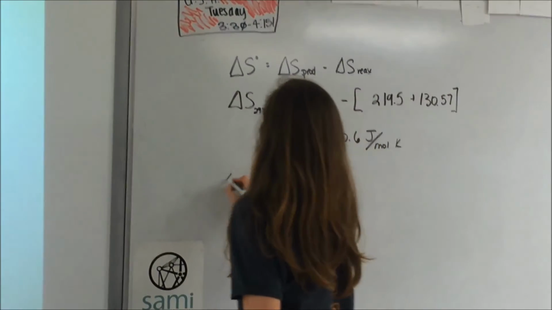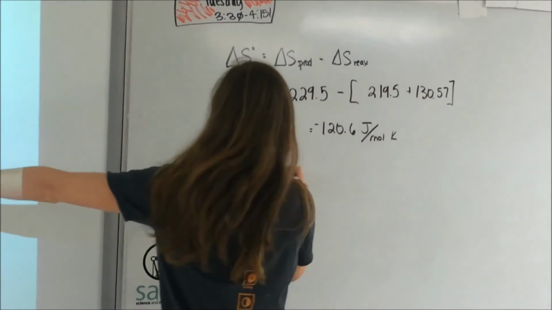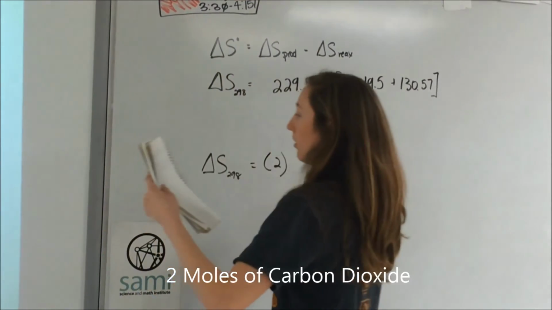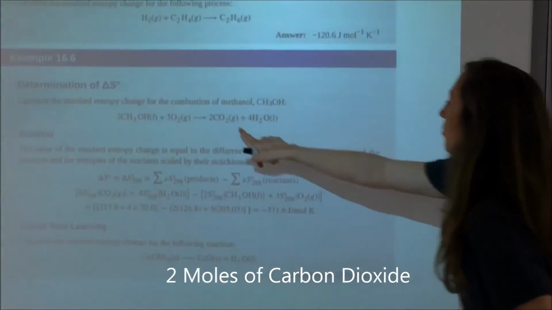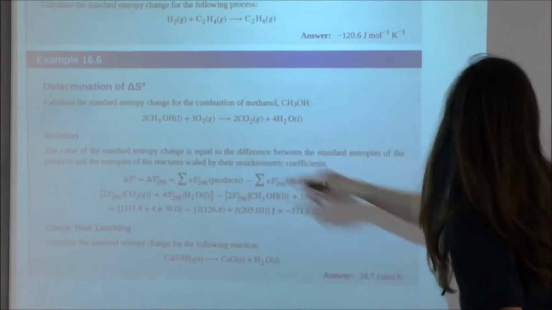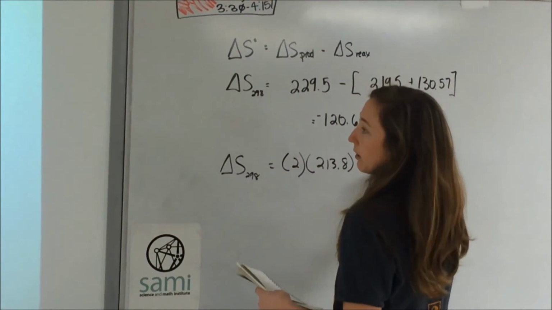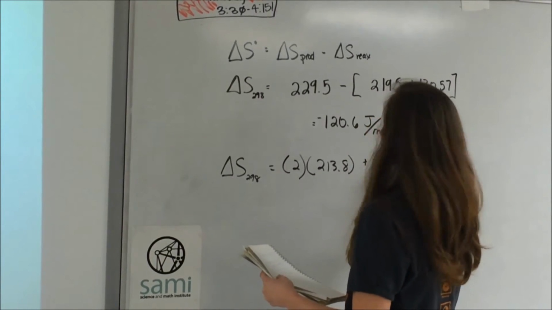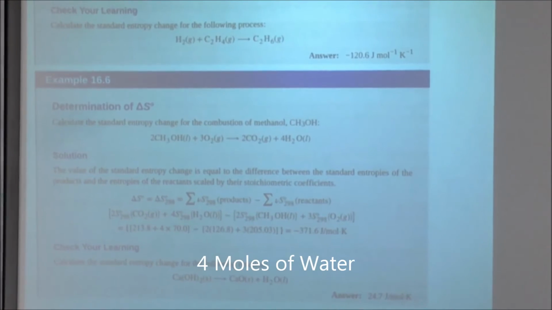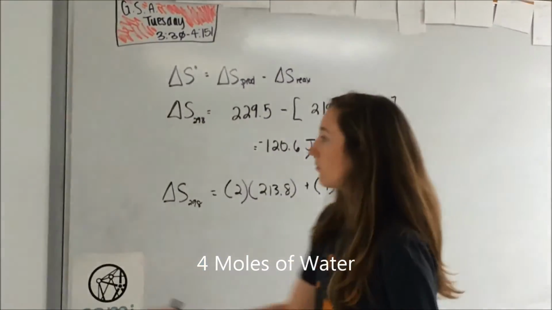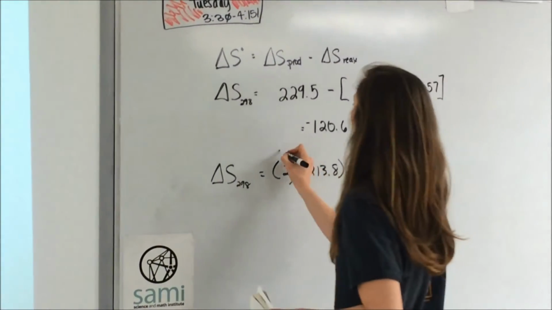We're going to start out with delta S at room temperature is 2 times 213.8, so my 2 is coming from this carbon dioxide, and then my value there is from appendix G. Then I'm adding that by 4, since that's my water, and that would be 188.71. So again, remember the 4 is just right there. Check your charts. That's everything you've got for products.